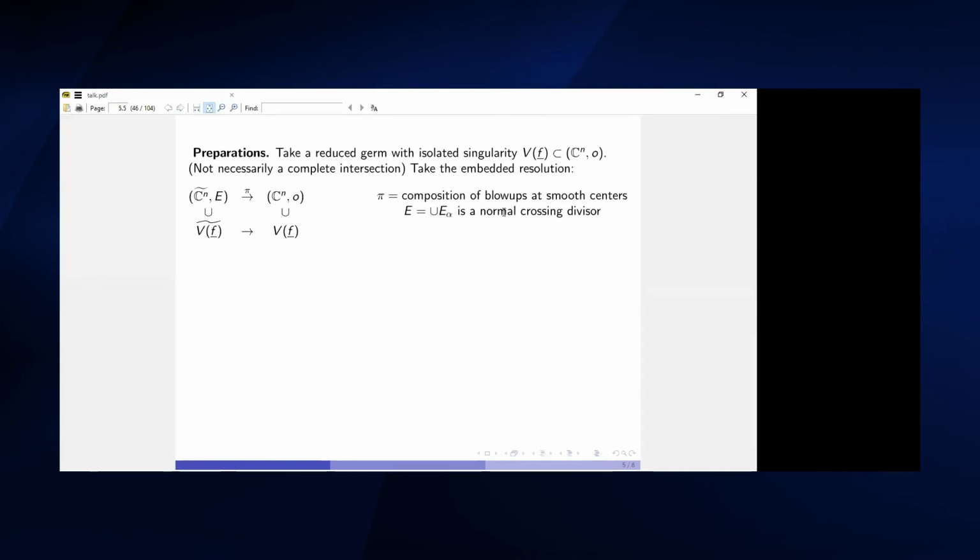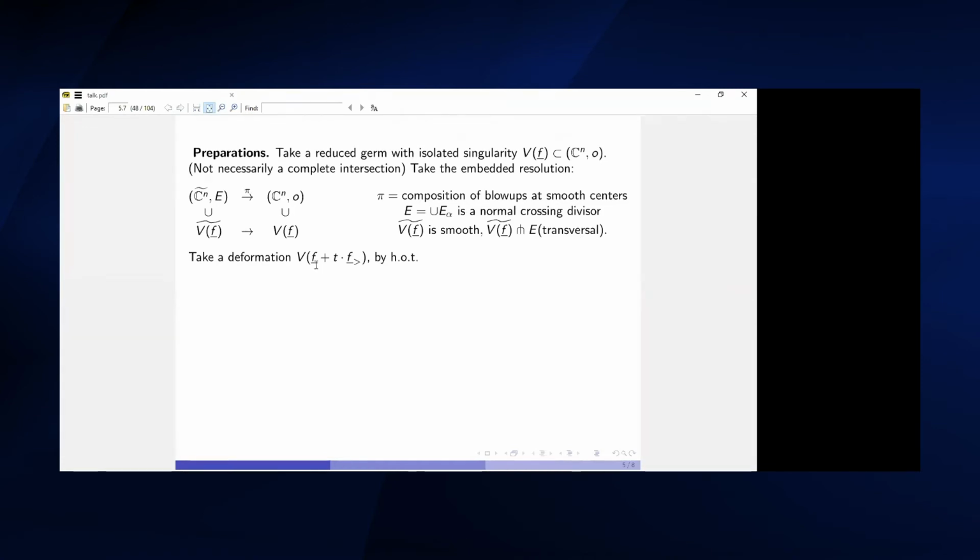And we assume that this is a normal crossing divisor. And the strict transform is smooth. And moreover, it intersects the exceptional divisor transversely. This intersection is transversal. These are the standard conditions for the resolution. Now take a deformation of our germ by some higher order terms. As always, here T belongs to C1.